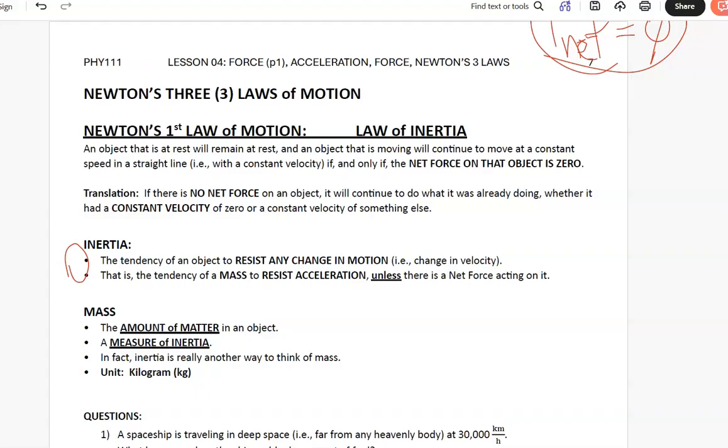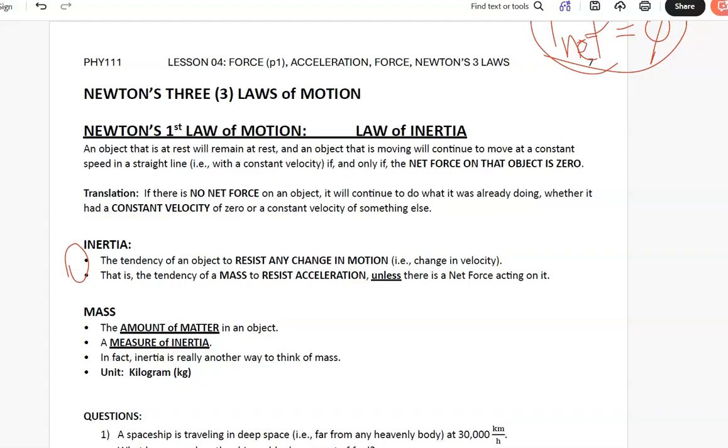Well, what does that mean? That means if the object's not moving, it'll stay not moving. If the object is already moving in a straight line with a constant speed, it'll keep doing that forever unless there is some net force on it that is not zero, some force changing its motion.